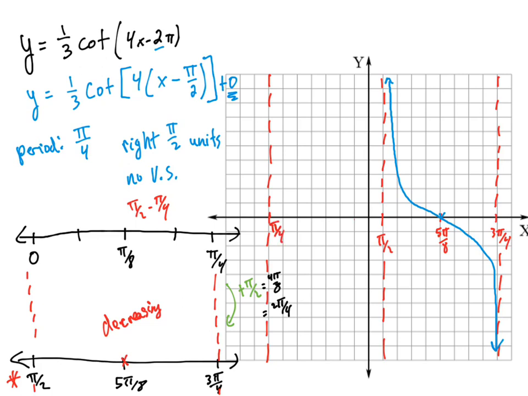So I'm going to say that my y-axis is here, and so this value is going to be 0. So both of these periods are going to fully be on the positive side of the y-axis. So halfway here is going to be 3 pi over 8, and then the curve is going to be decreasing. So the graph looks something like that.